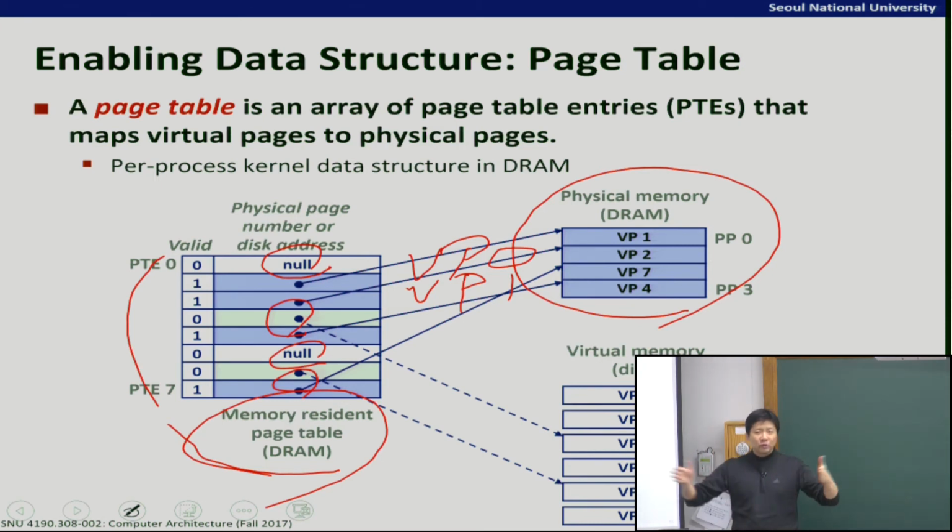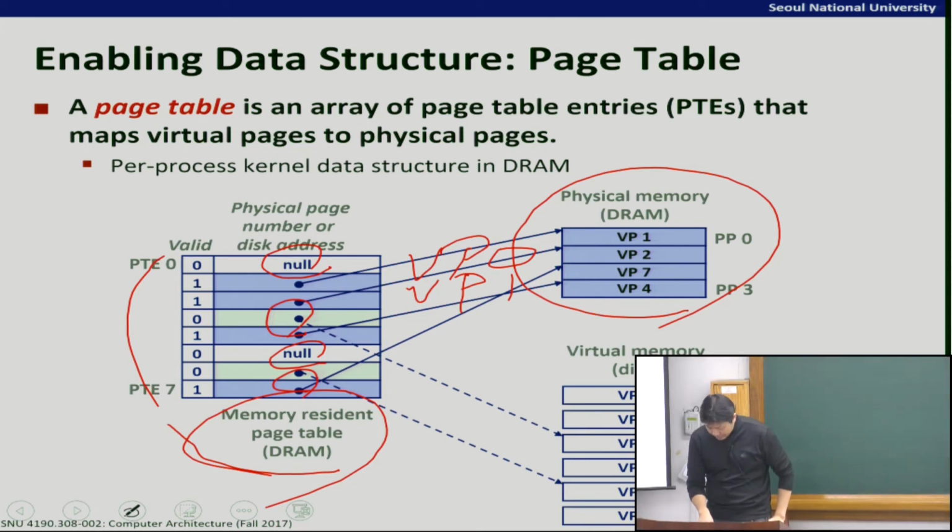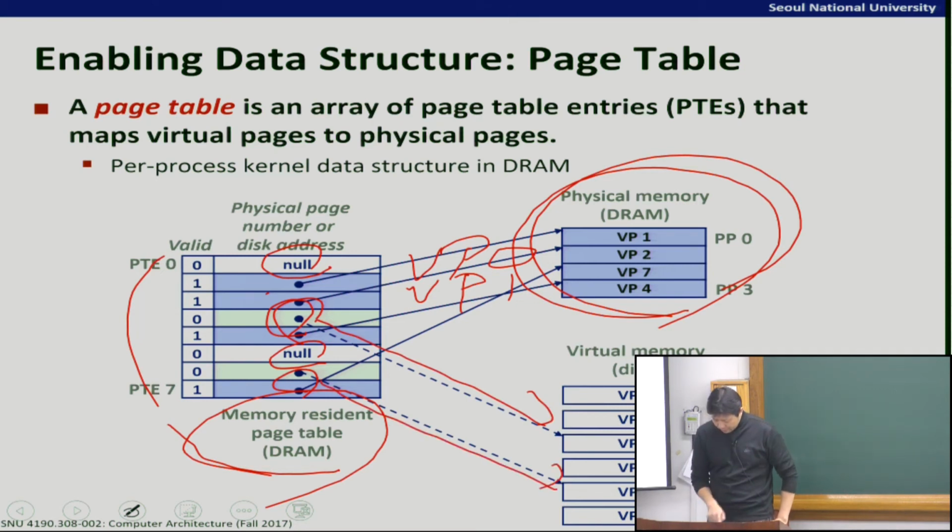Even if you have a huge address space, at any given time you typically use only a very small set of it. That's why some pages are currently placed in the DRAM, and some others, not accessed for a while, are currently placed on the disk, and the other 2 pages are unallocated, not being used at all.